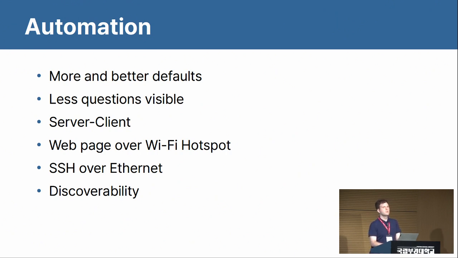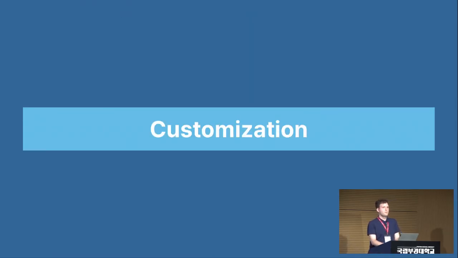Like we could add Avahi stuff, mDNS, to broadcast to the network that there's a Debian Installer server running on this machine that the client can connect to and configure. We should have better customization options for derivatives and ourselves, even for blends.